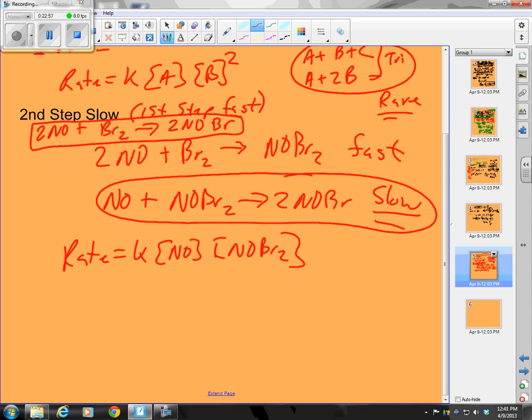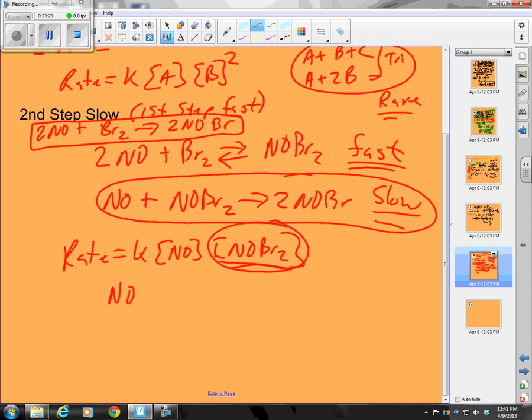Good. So this is my overall reaction. When I look at this overall reaction, I see I have a problem because this doesn't tend to show up. Now, that doesn't always happen, but the indication is I need to replace this. How am I going to replace it? Well, I'm going to go back to my fast step, and I'm going to assume that it's an equilibrium. So that means I have two reactions going on.